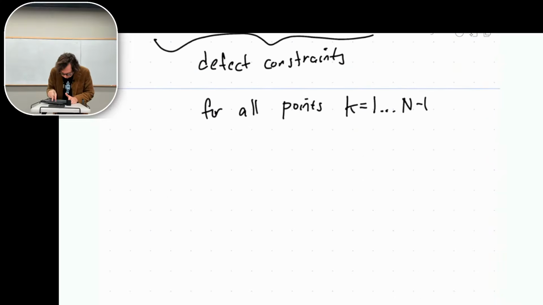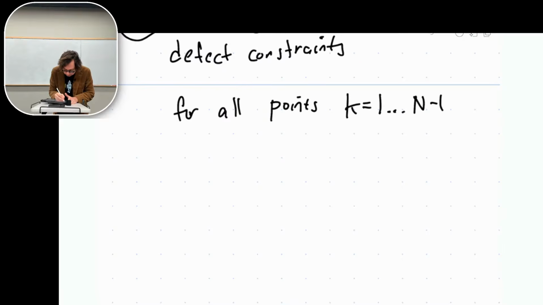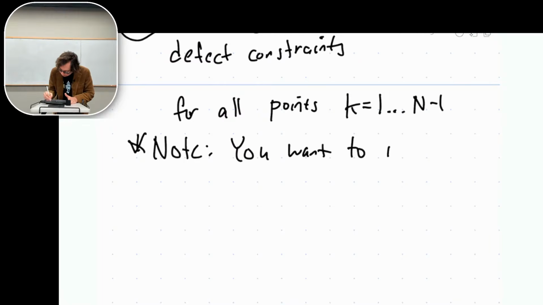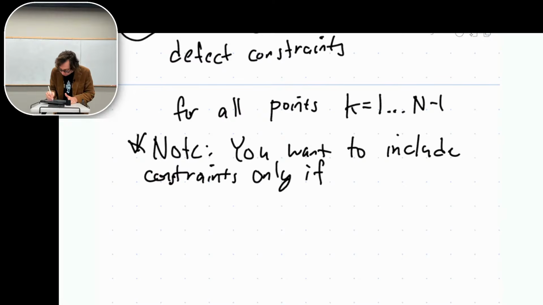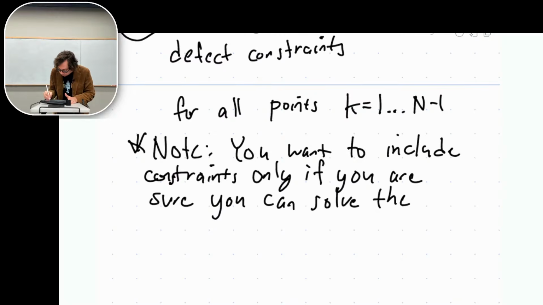So the note: you want to include constraints only if you are sure you can solve them. All right?